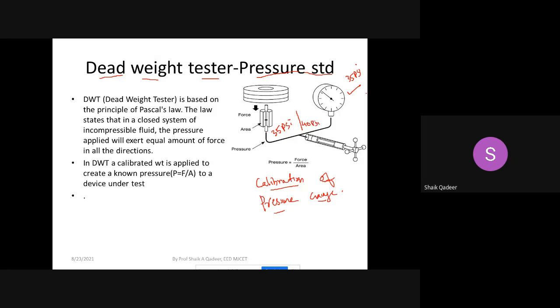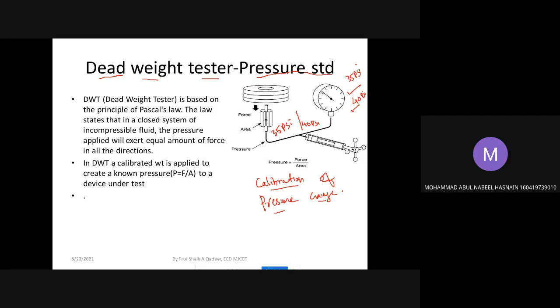If the meter is again showing 40 psi of pressure, we will say this has again cleared another test of calibration. Hope it is clear to everybody. Yes, no?